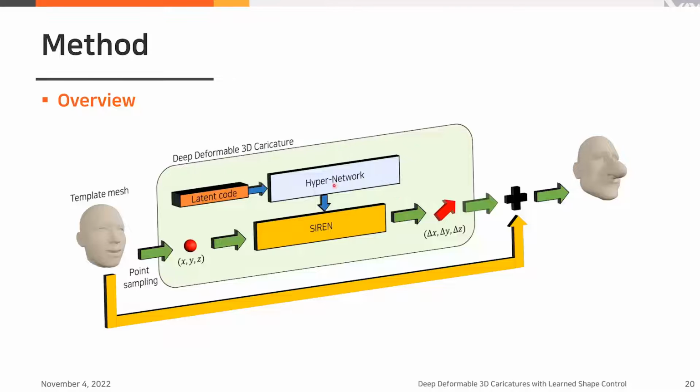And this is what the hypernetwork does. It learns some kind of distribution of shifting, changing this Siren parameter, which controls the shape of this morphable model.